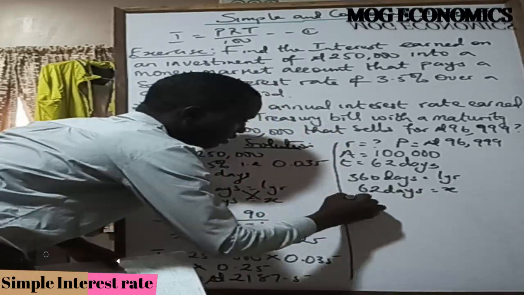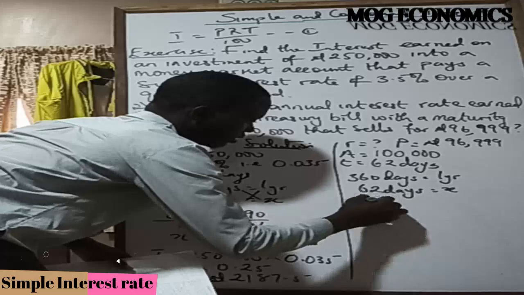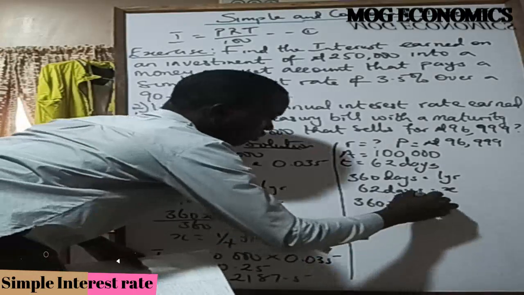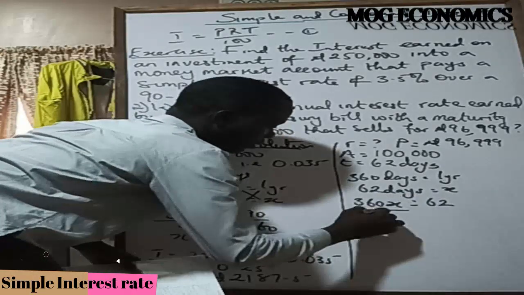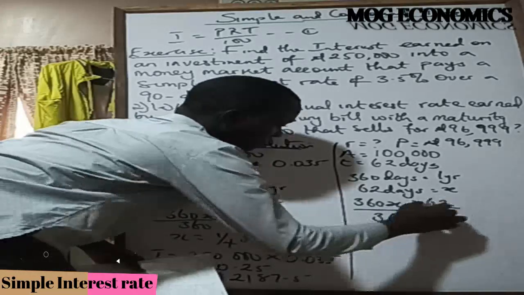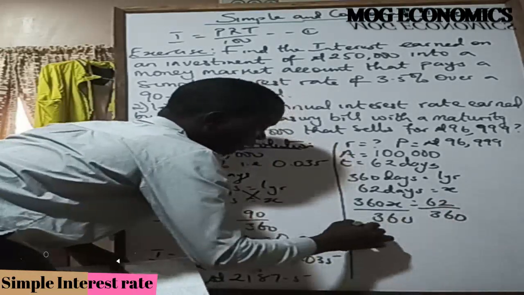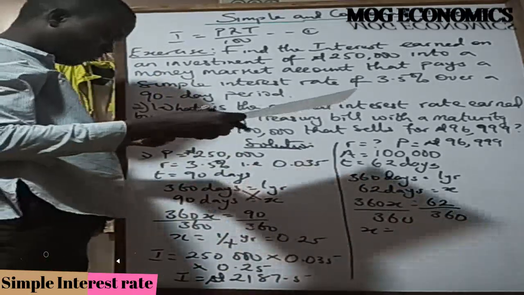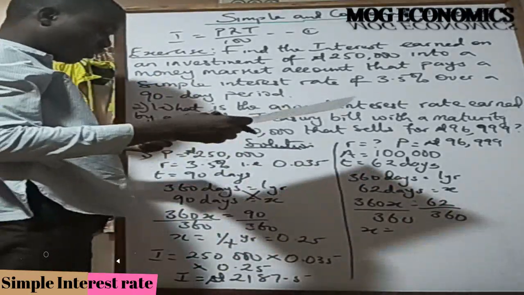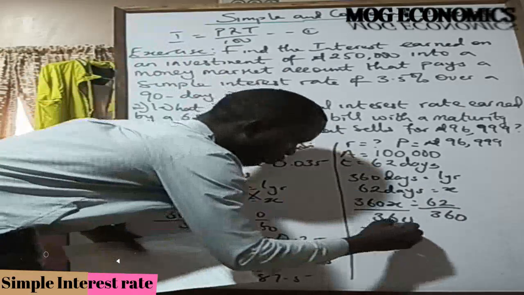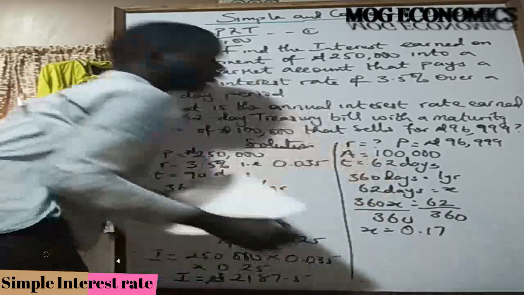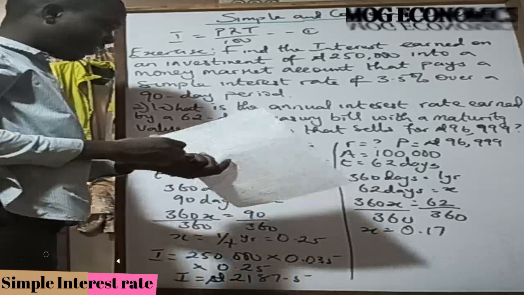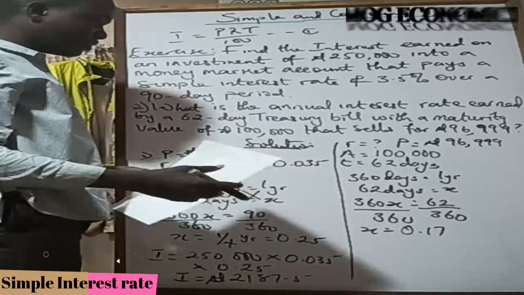So 360x equals 62, divided by 360. So x in this case is going to give us 0.17. This is 0.17 years. So it's not even equal to 0.5. Of course, 0.5 would have meant 180 days.